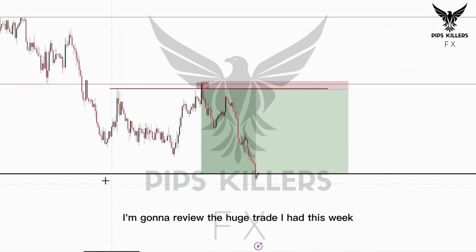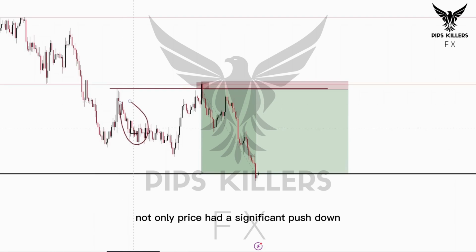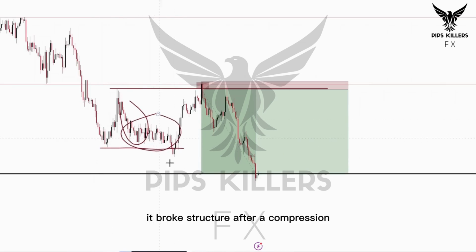So as a bonus, I'm going to review the huge trade I had this week. What made this trade really high probability for me is, first of all, look at my selling climax here. Look at the down move. Not only did price have a significant push down all the way down here, it broke structure after a compression.